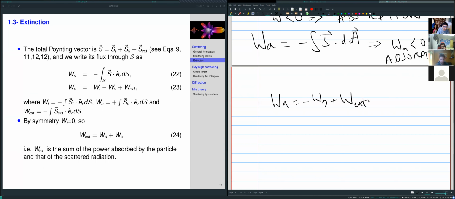And now we turn it the other way around in equation 24, and we write the extinction part, W extinction, as the sum of whatever is absorbed inside the sphere and whatever is scattered away. But this is exactly what we defined in terms of the radiative transfer in chapter 1.